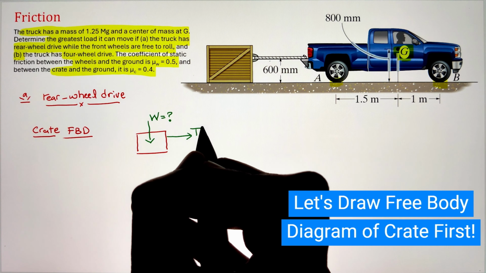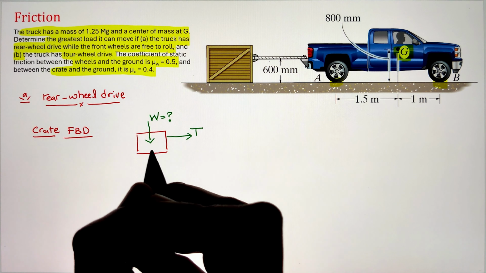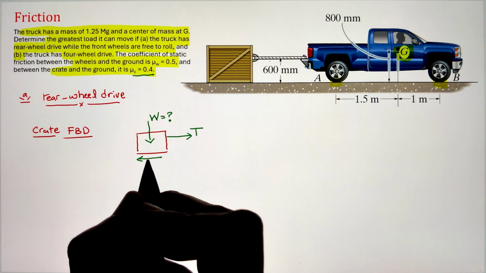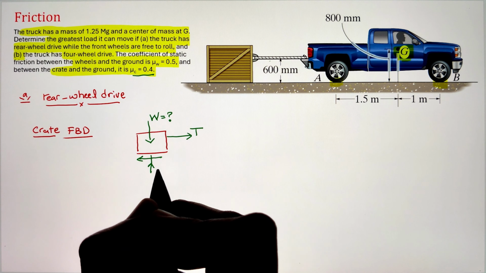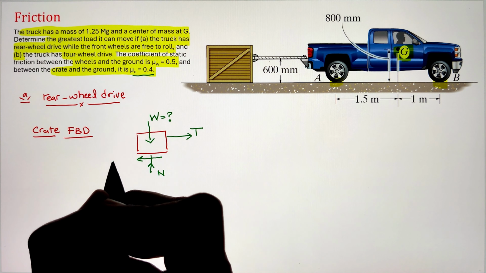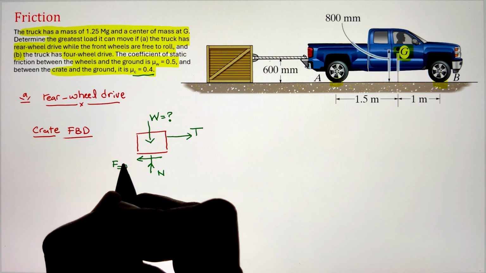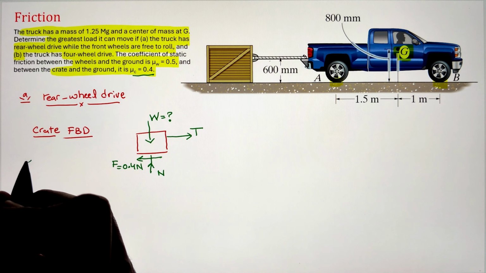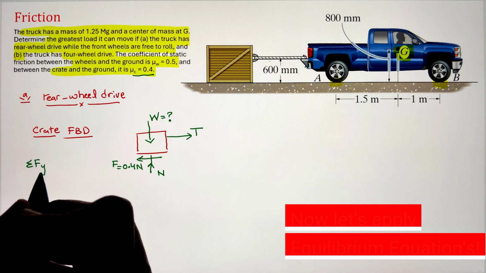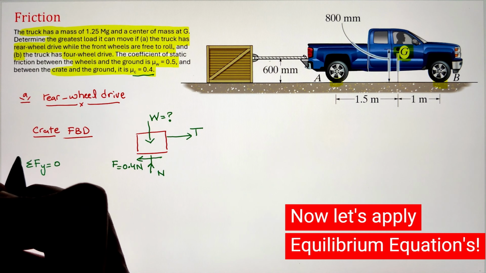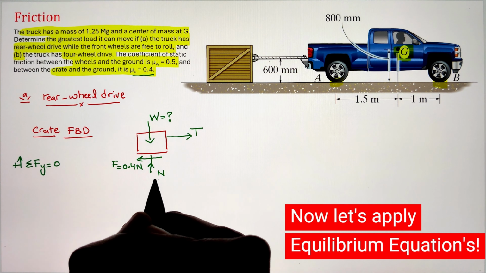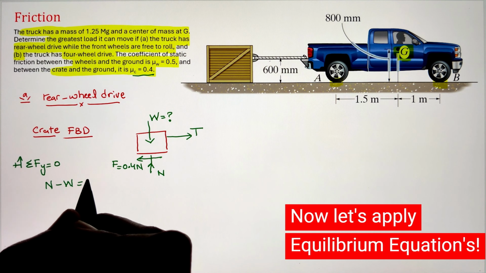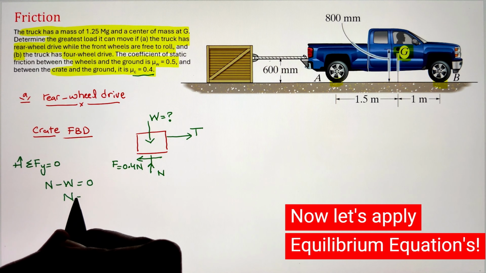That's why it is going away from the crate, given by a variable T. Since the coefficient of friction between the ground and the crate is 0.4, we will have a frictional force opposing the tension force, so it is going towards the left-hand side and its value will be equal to mu times N. In this case, mu is 0.4, whereas N is the normal force provided by the ground.